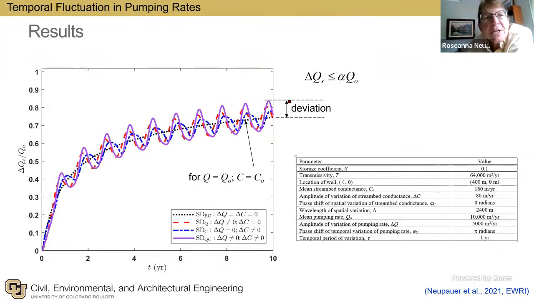And there's a deviation here between the maximum stream depletion that you would get under that case versus the maximum stream depletion you would get assuming a continuous pumping rate and a homogeneous aquifer, which is what we always do in our simulations.